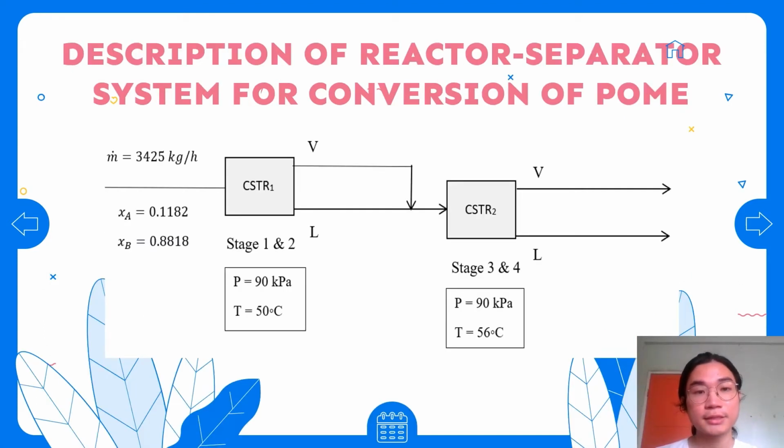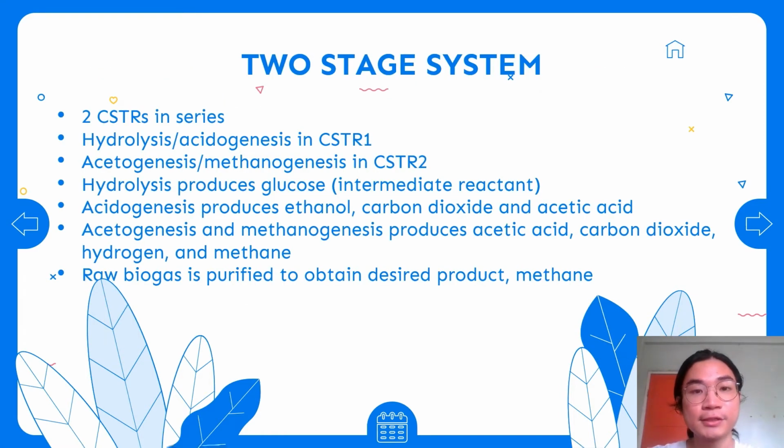This is our reactor separator system for conversion of formic acid to help better understand how it works. In the first reactor, hydrolysis and acidogenesis will occur, and in the second reactor, acetogenesis and methanogenesis will occur. Our system utilizes a two-stage system which divides the 4 steps into 2 stages, in which we use 2 CSTRs in series.